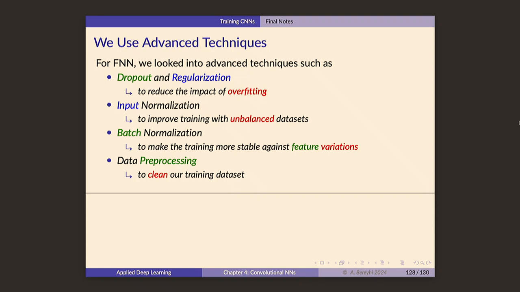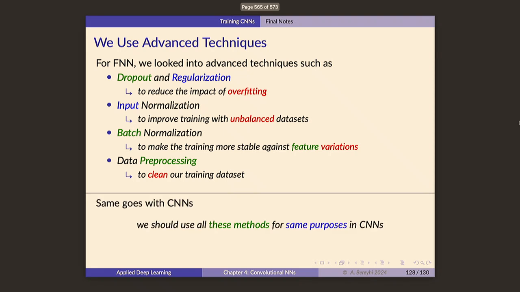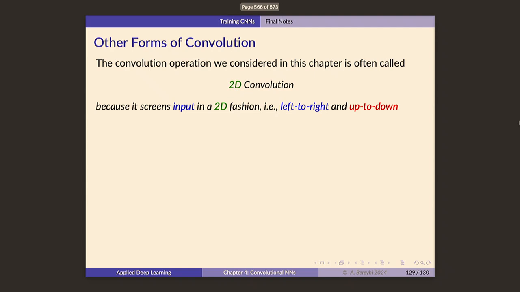And the last point is that whatever we did with MLP, for example, we used dropout in order to get rid of overfitting. Again, if we do it in CNN, we do it because we want to get rid of overfitting. The same purpose, the same approach, it's just going to get a bit more complicated. Clear? Great. So that's it.